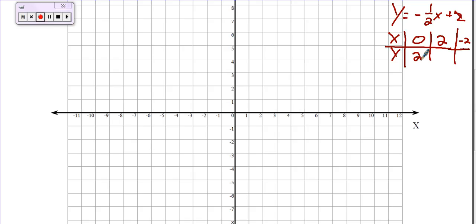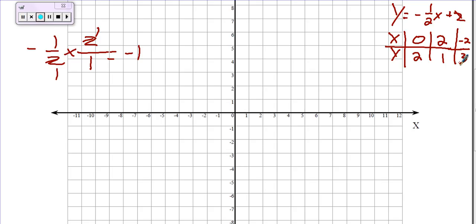If you're not sure, do it. Negative 1/2 times 2 over 1 equals negative 1, plus 2. 1. If it's negative 2, what is it? 3. Okay, I got 3 points.